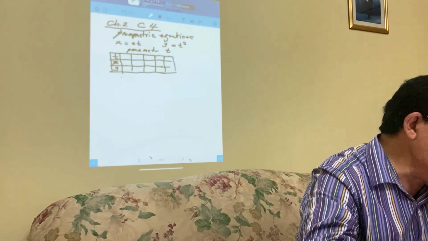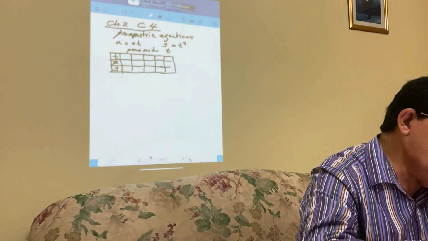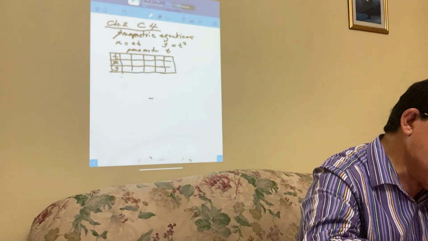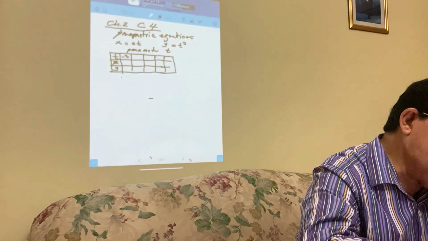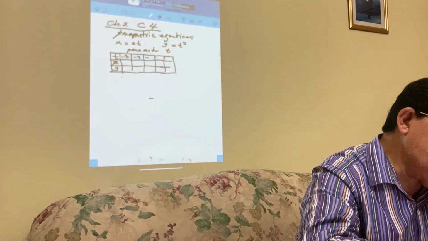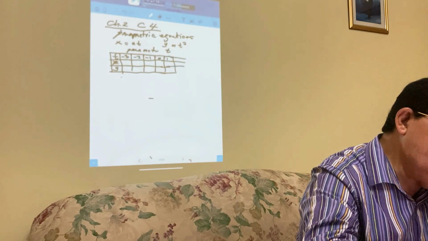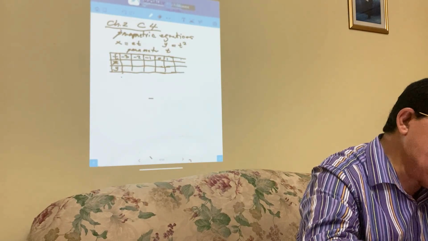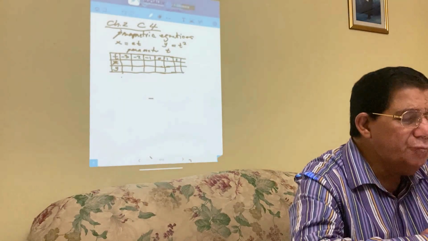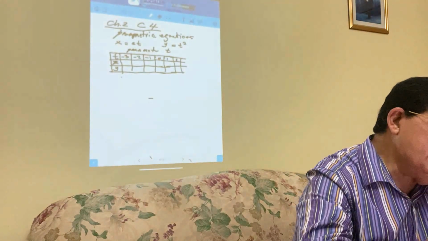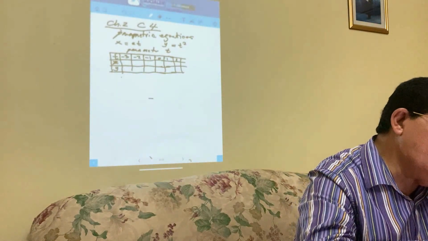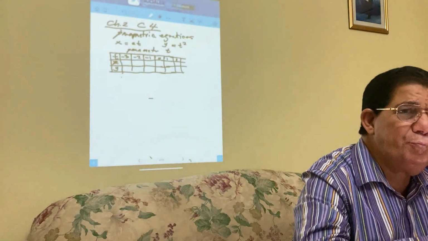We put values of t in the table, say starting from -3, -2, -1, 0, 1, and so on. You can have other values of the parameter. After you substitute the parameter, you get x and y. Then you do the plotting.